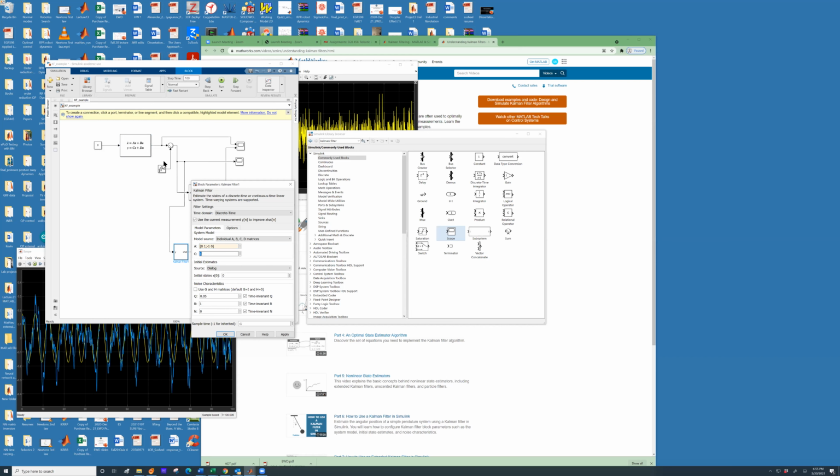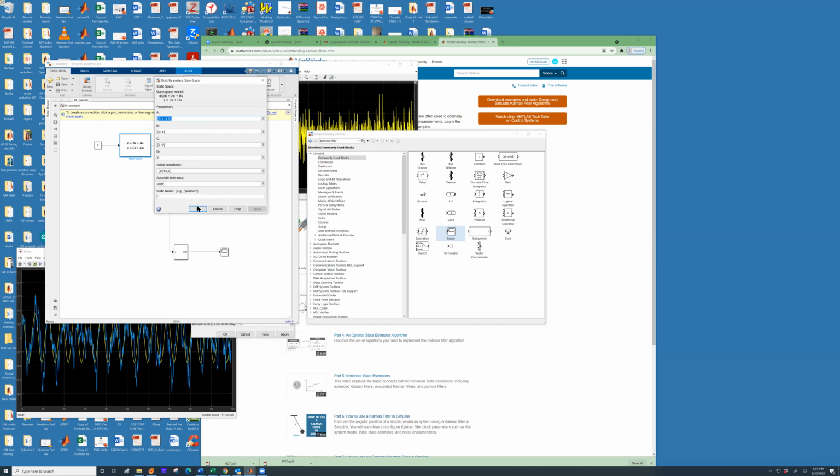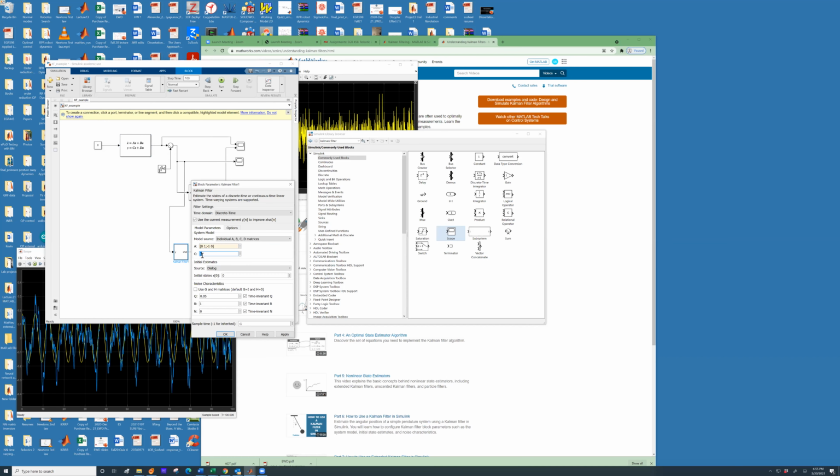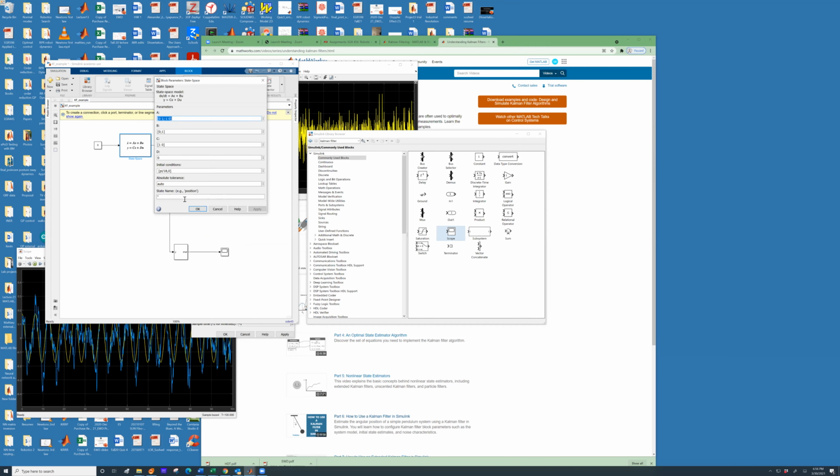Our C matrix, let's see what our C matrix is. It is 1, 0. Let's see our D matrix. D is 0.